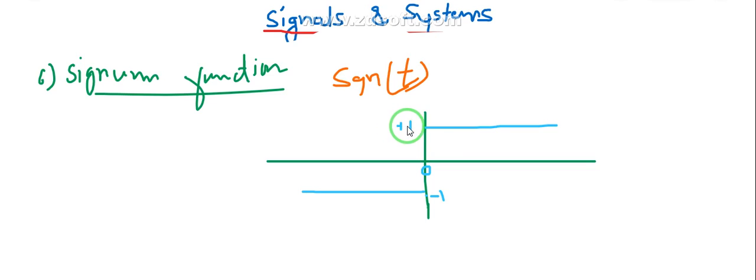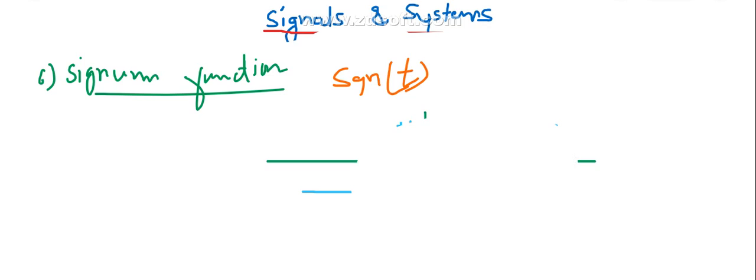But there is nothing at 0, there is no amplitude there. This is basically called the signum function.